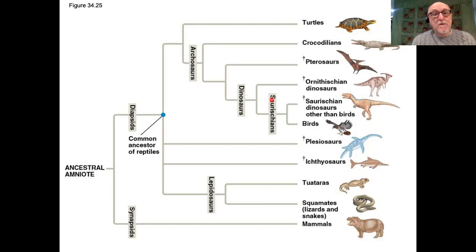Not all dinosaurs were these huge predatory organisms. There were many, many small, obscure dinosaurs. They were, at their height, a very, very diverse group. And they are divided into two distinct groups. They were called the Ornithischian dinosaurs, and then the Saurischian dinosaurs.